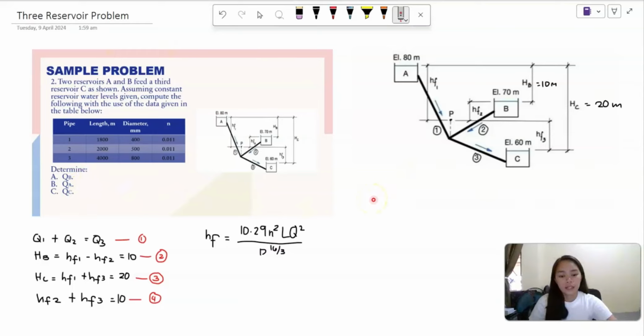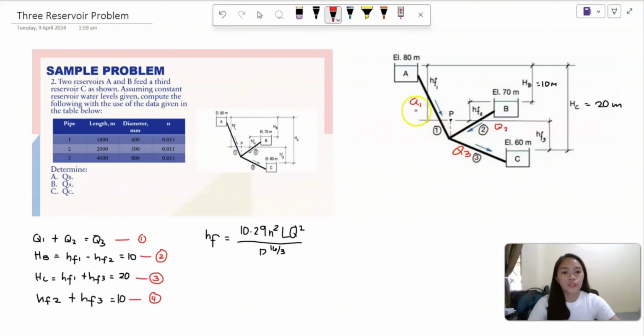Next is to determine the direction of flow here. So we have here reservoir A will discharge a flow, but as we can see here, the piezometer reading is lower than reservoir B. So the movement of water will be from B up to the junction P. So we can create this first equation here, since this is Q sub 1, this is Q sub 2, and this is Q sub 3.